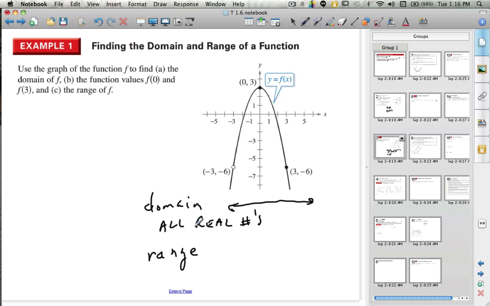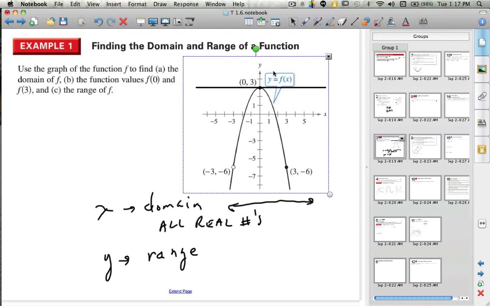Now the range is the collection of all of the outputs. And that relates to the y values, right? Domain is related to x, range is related to y. So is there a vertical barrier? Well, yeah, there is. Look right here, right? My graph does not go above this point. There's nothing up here. So you see that the maximum value of y is 3.